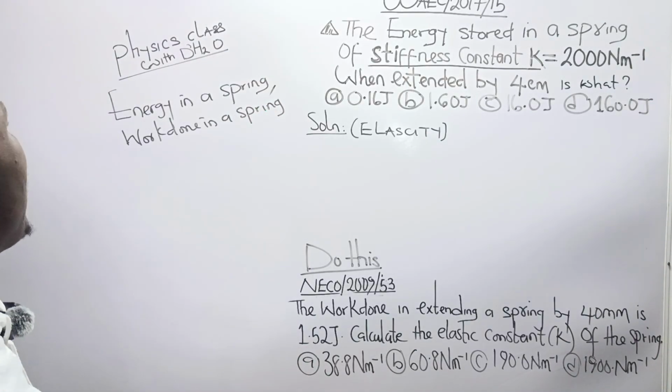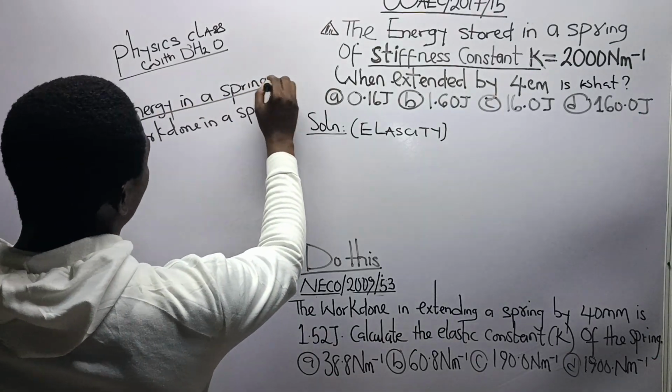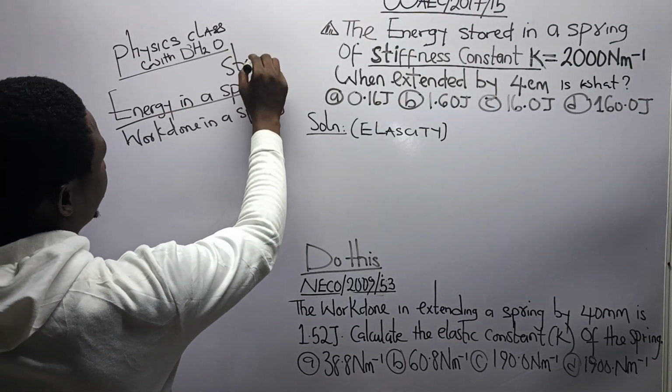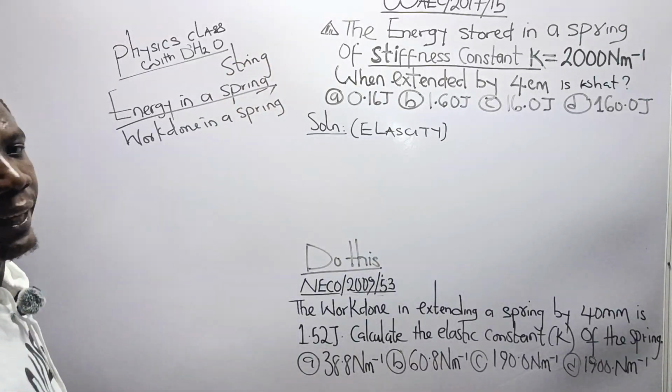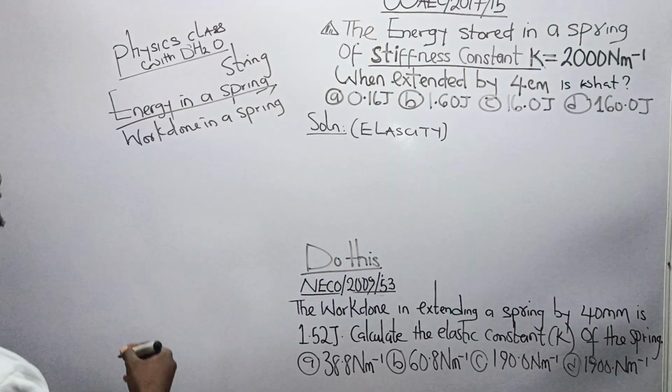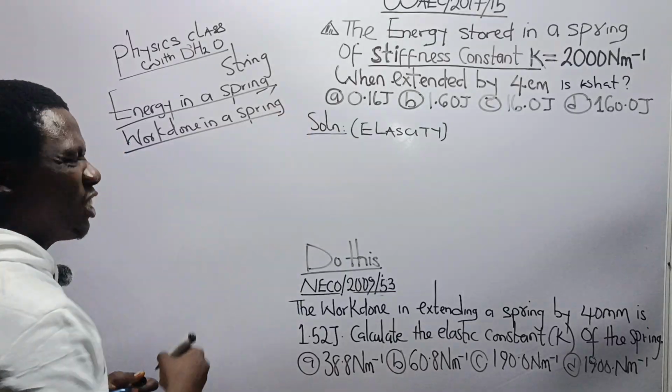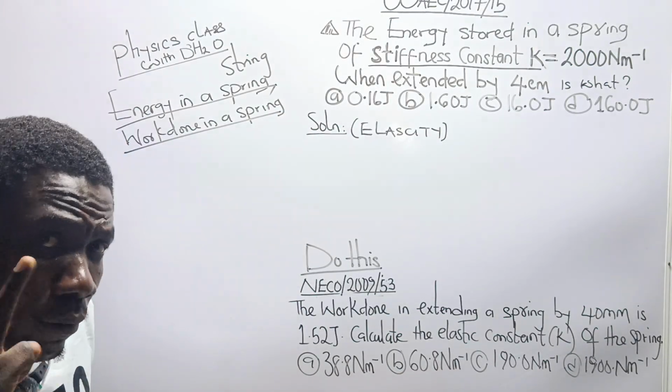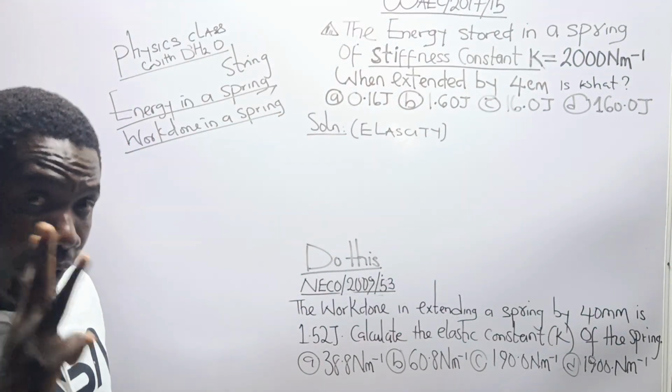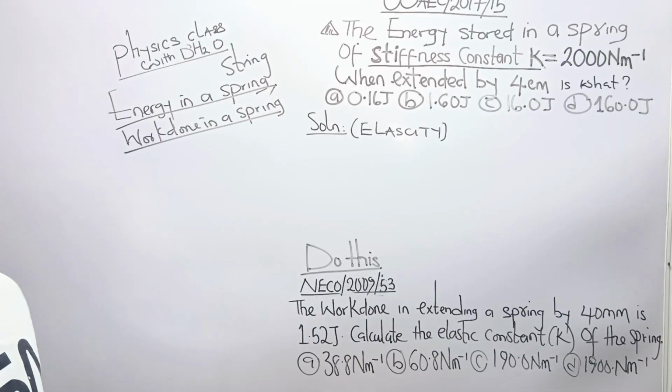Sometimes they can put string. Yes, they can put string, or you are told to calculate for the work done in a string. There are 3 formulas that you must deploy. What are the formulas?